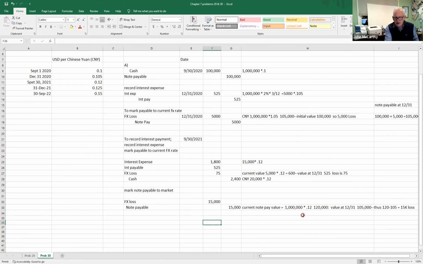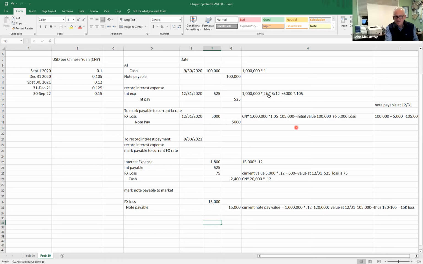So the current note payable is still $1 million. The current market rate is 0.12, because we're at September 30th, 2021. So it would take us 120,000 to pay it off at this point in time.